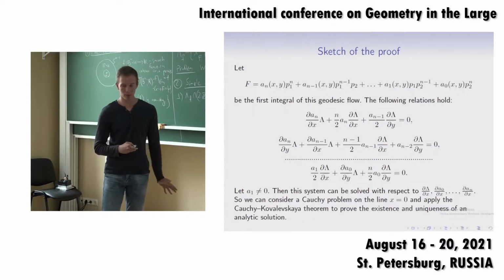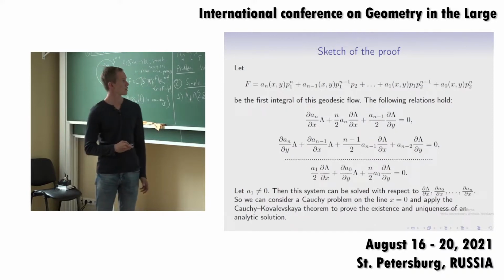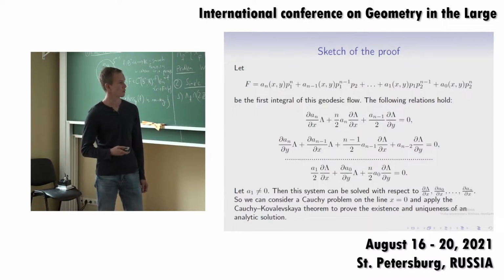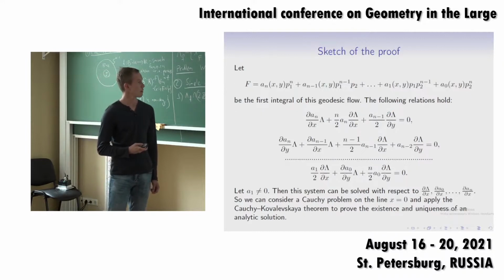But the main idea here is that one may just apply the Cauchy-Kovalevskaya theorem to this system to prove the existence and uniqueness of an analytic solution. So that's the point. And as you can see, this is the existence theorem. And at this moment, a couple of very natural questions appear.